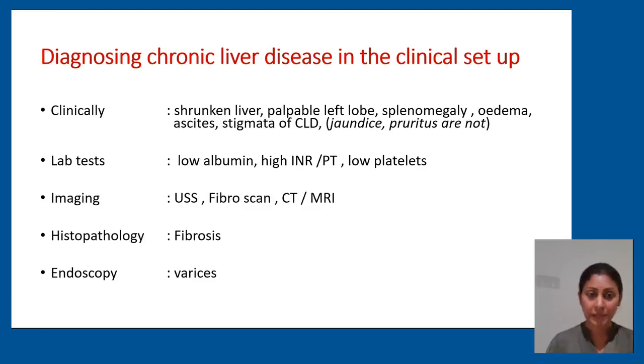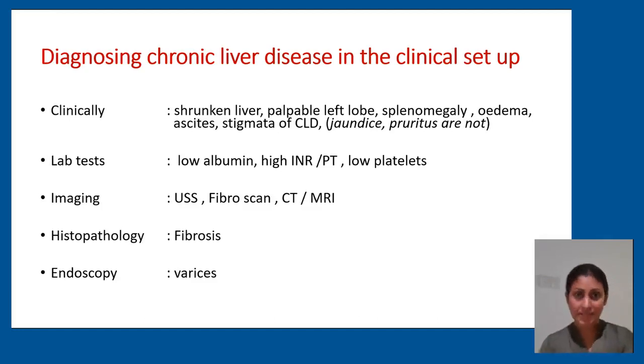How would lab tests help? Low albumin is essential in decompensated liver disease. Sometimes in compensated chronic liver disease, they might compensate to have a normal or near normal albumin. High INR or prothrombin time might be there, but it can be there in acute as well as in chronic.